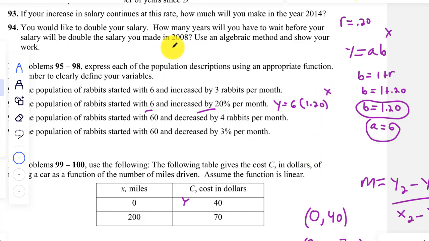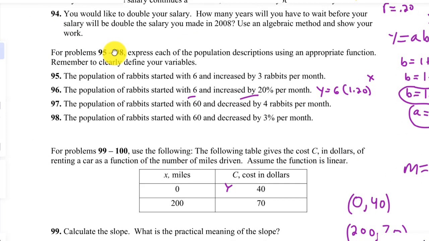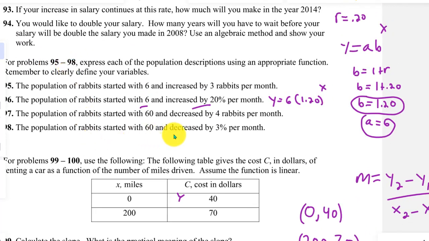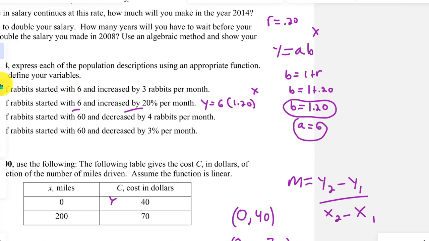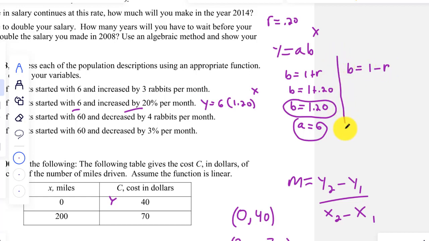Okay. Number 98, very similar, but now the number of rabbits is decreasing by 3%. Right, so we're still going to use a similar approach, but now for decay, we're going to use b equals 1 minus r. Right, for growth, we used b equals 1 plus r. And by the way, this was our answer here. So our r was 0.03.